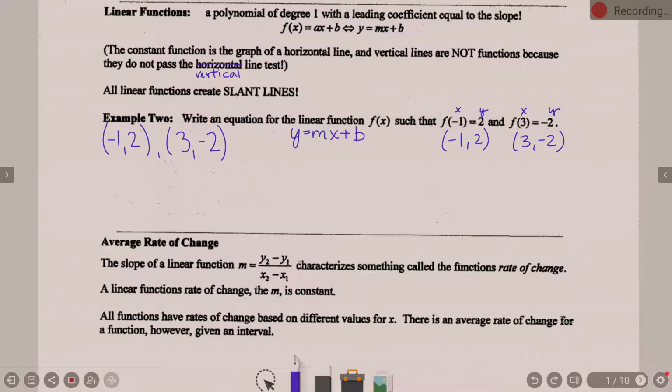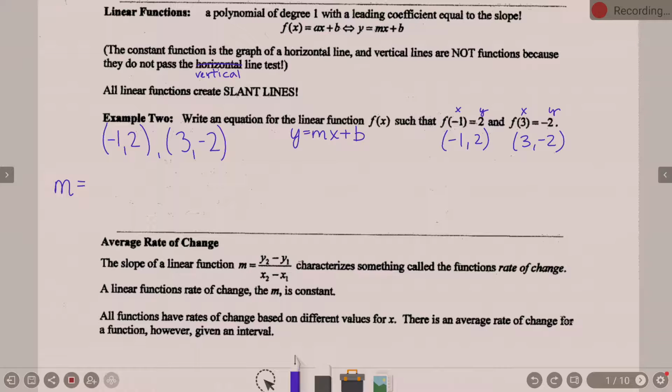What do we do first? Find the slope. M equals, how do we find slope? What do you remember? It's y2 over x2. Yep, y's over the x's.